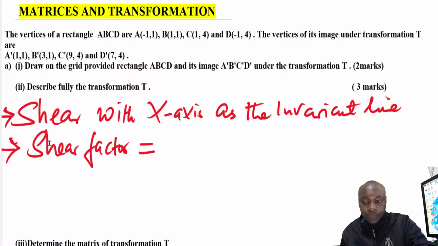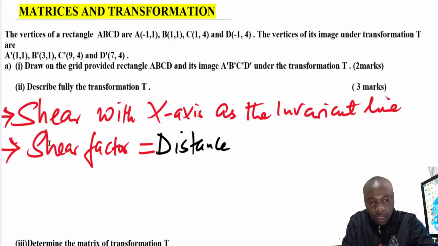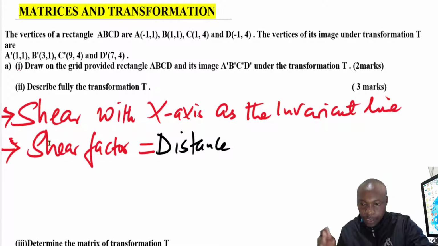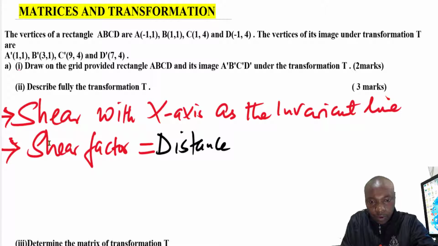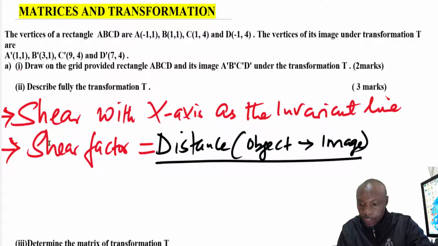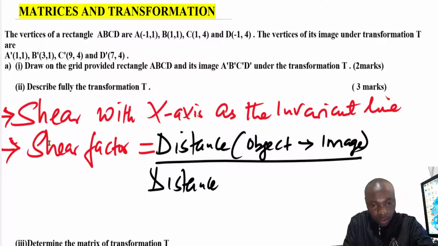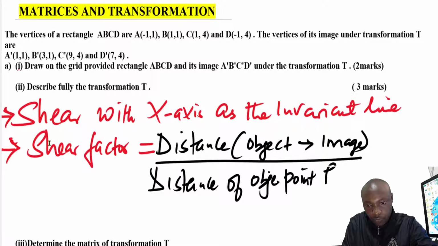Now, how do you get the shear factor? To get the shear factor, you need to identify the distance moved from the object to the image, and then divide by the distance of the object point from the invariant line.